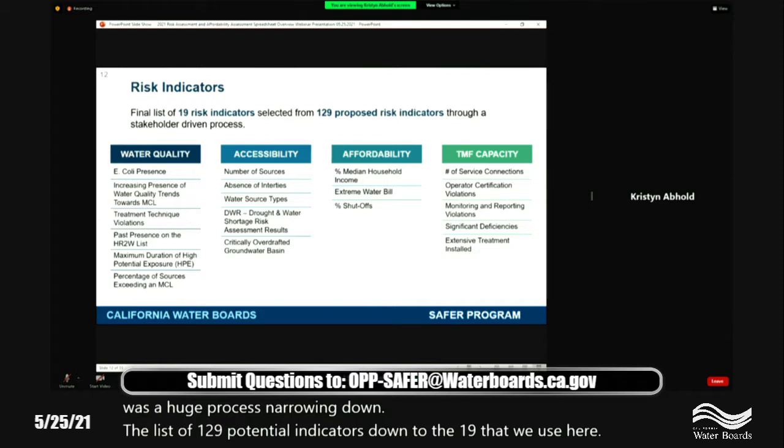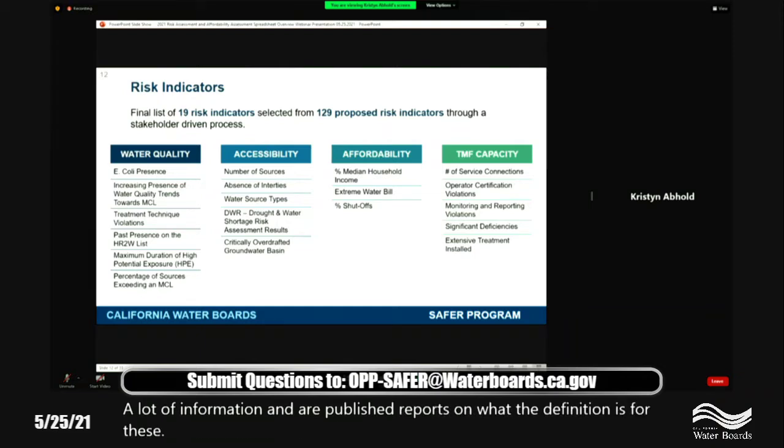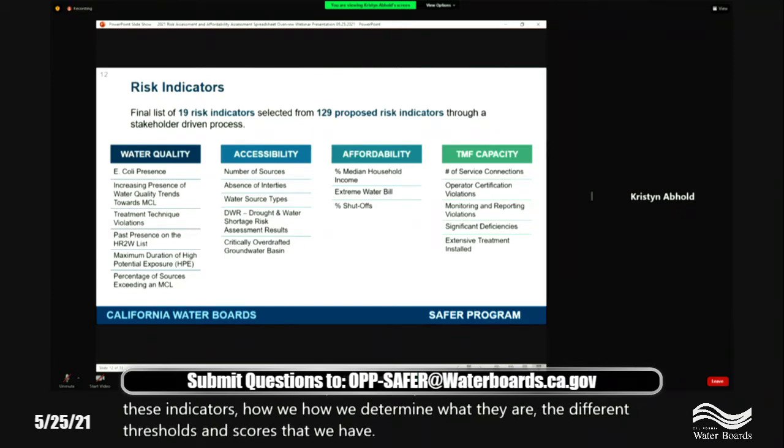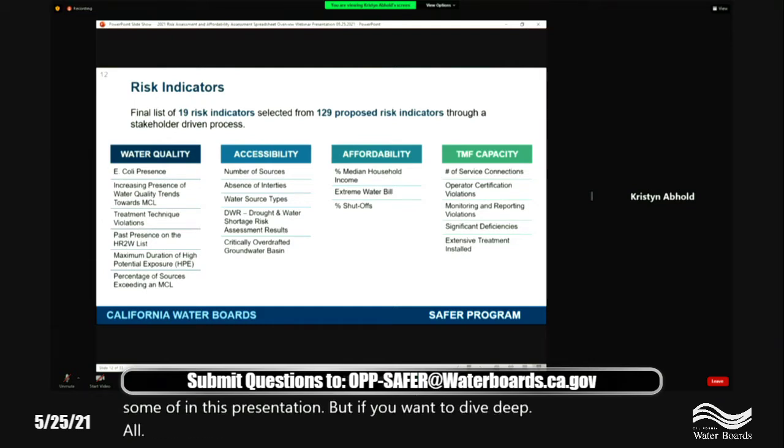There's a lot of information in our published reports on the definitions of these indicators, how we determined what they are, and the different thresholds and scores that we have for them. I'm going to go through some of that in this presentation, but if you want to dive deep, all of that is available online on our website and in our final needs assessment report.